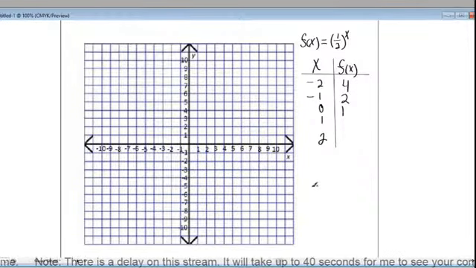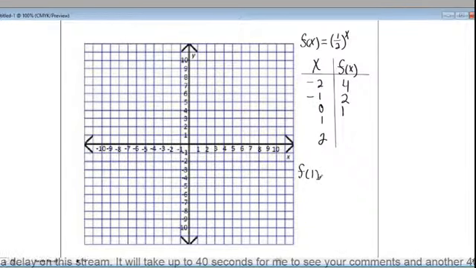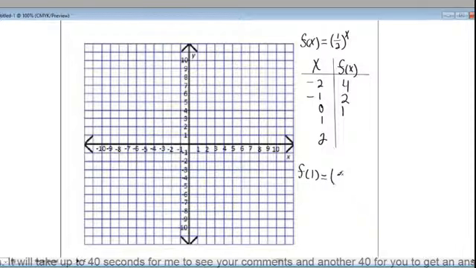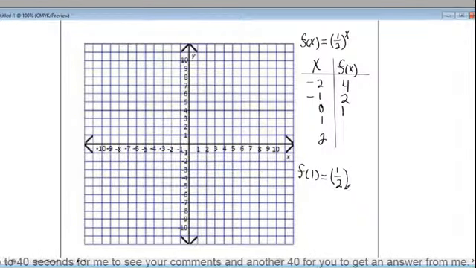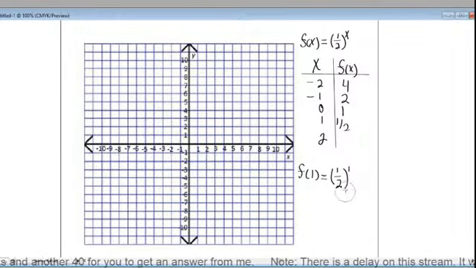How about plug in 1? F of 1 equals, let's see, so that's 1/2 to the 1. Well, anything to the first power is itself, so that's 1/2. And by this time, you can probably see where this is going.